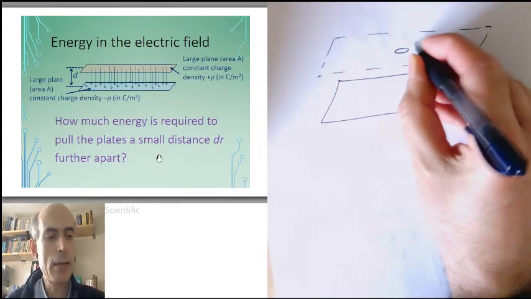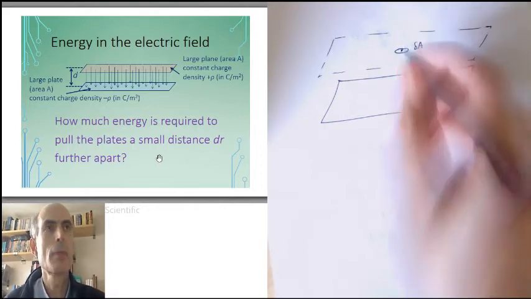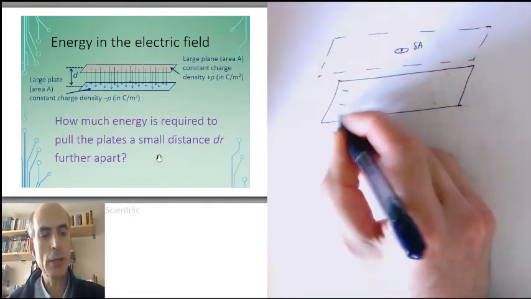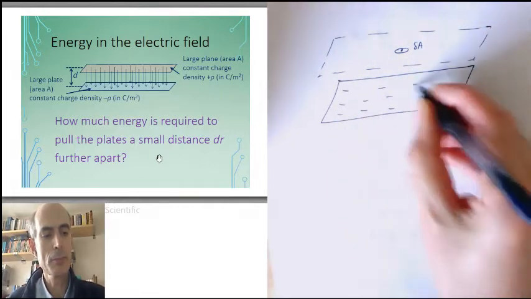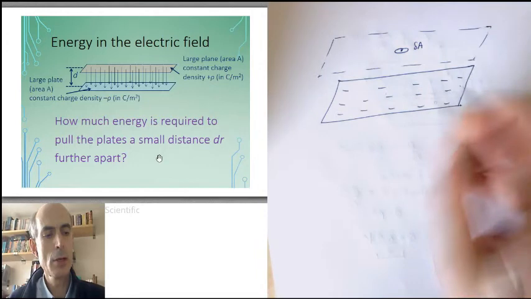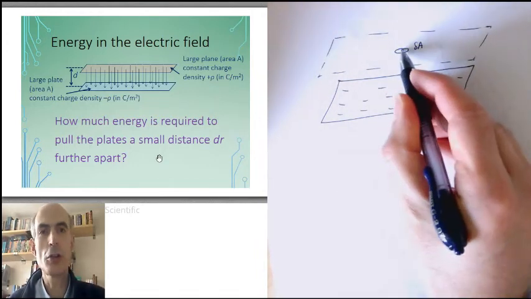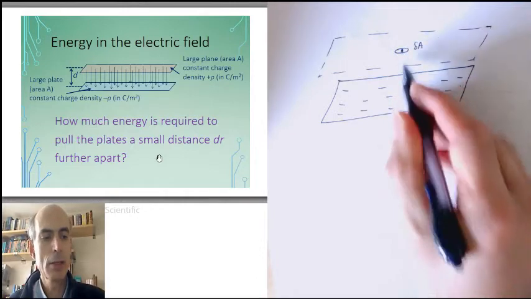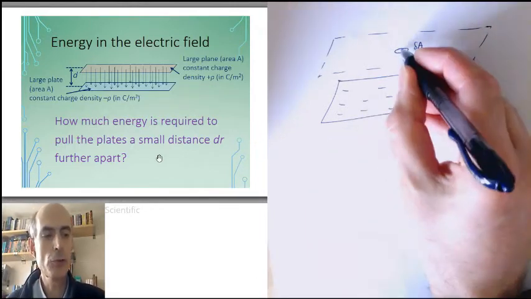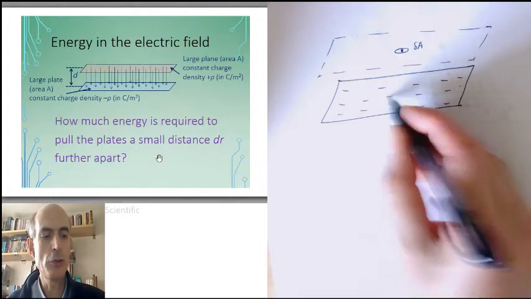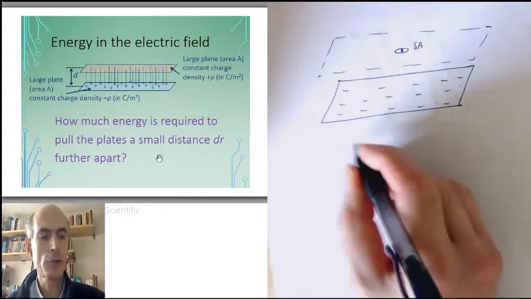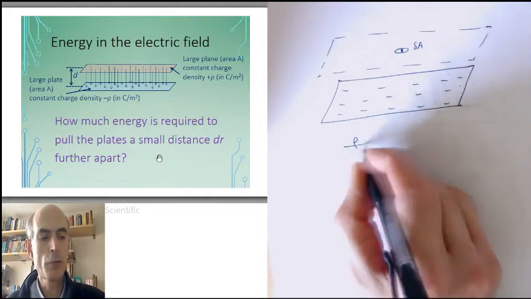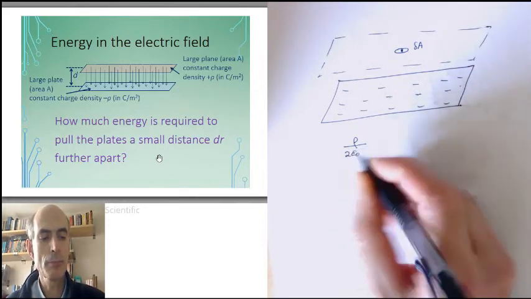Call that delta A. We know that the force due to the negative charge on this plate, on a small charge in that region delta A, is given by the field strength at this point due to all these charges. And the field strength due to all these charges is just rho over 2 epsilon naught.